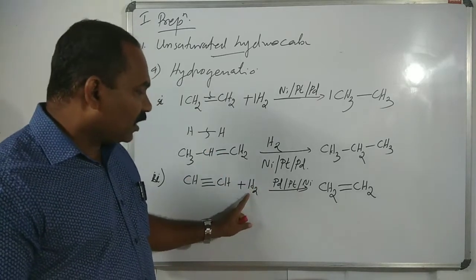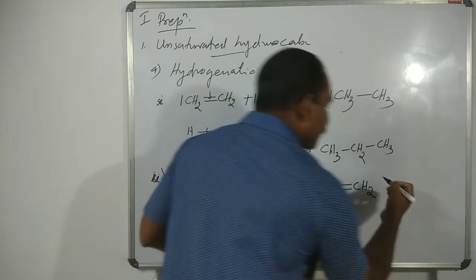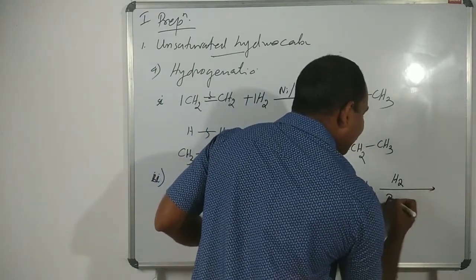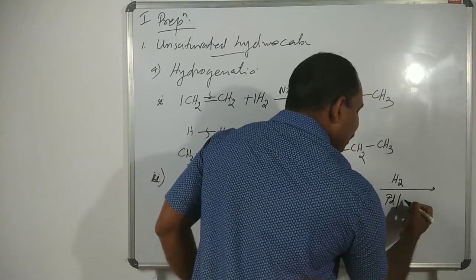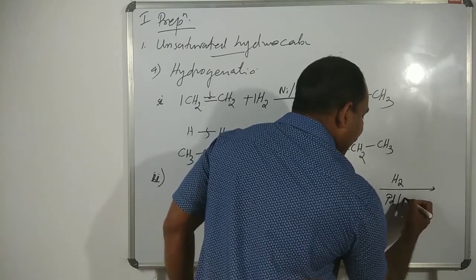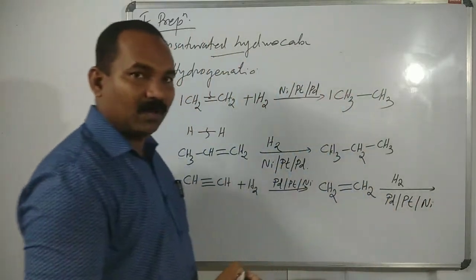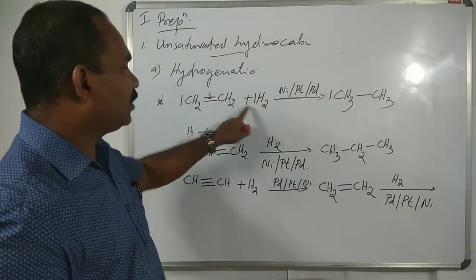And again, if excess hydrogen is there, what happens? Hydrogen reacts again in the presence of the catalysts palladium, platinum and nickel.